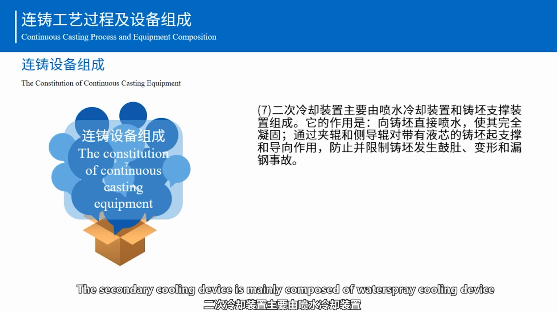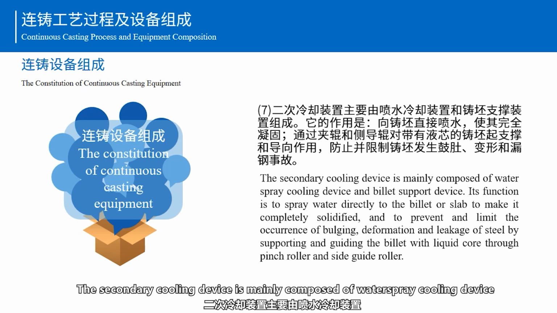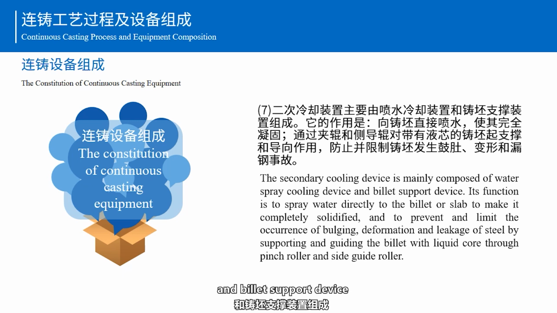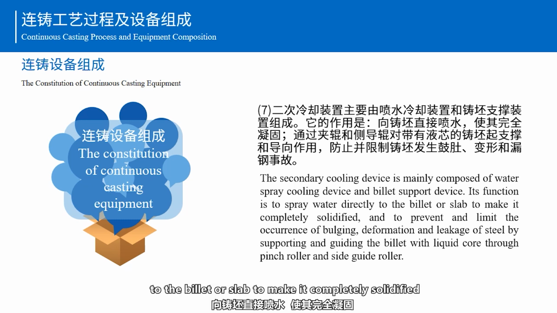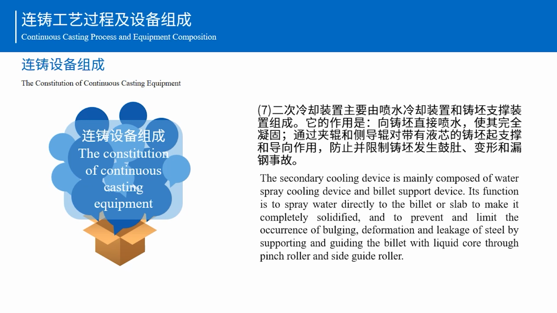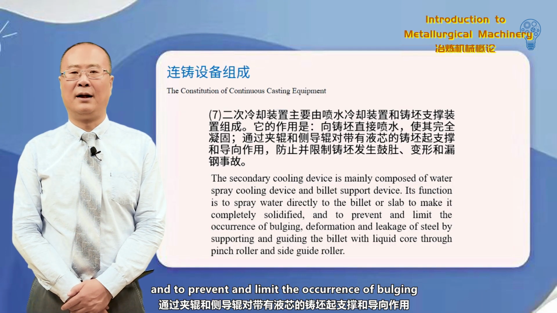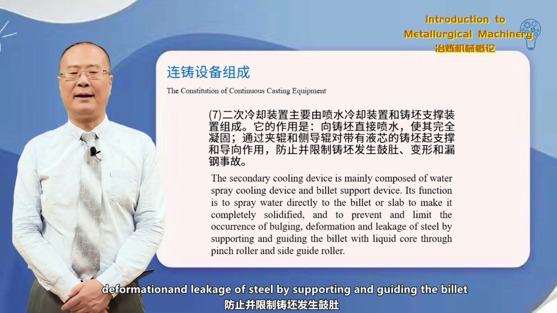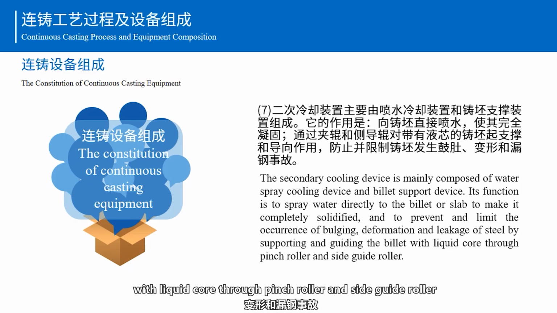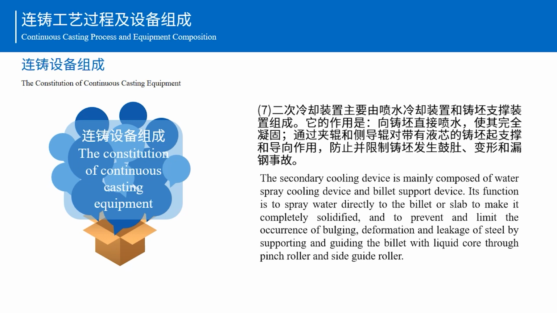The secondary cooling device is mainly composed of a water spray cooling device and a billet support device. Its function is to spray water directly onto the billet or slab to make it completely solidified, and to prevent and limit the occurrence of bulging, deformation, and the leakage of steel by supporting and guiding the billet with a liquid core through pinch rollers and side guide rollers.